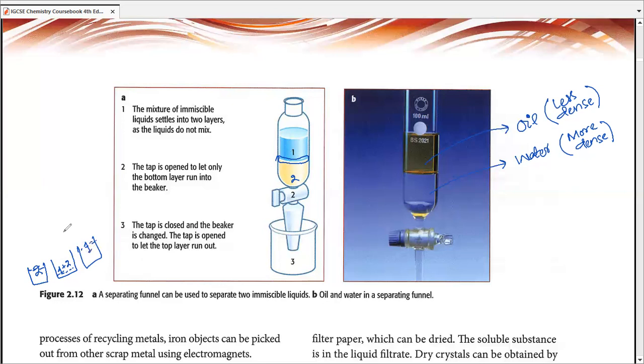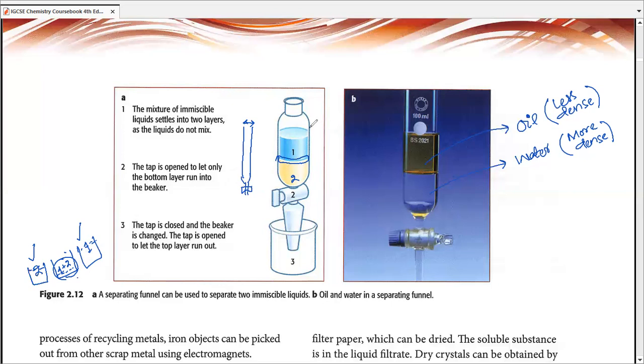By doing it like this, you'd have pure 1 over here, pure 2 over here, but some amount of 1 and 2 over here, which was the middle layer. How are you going to separate that? Use this beaker, and this time use a slightly thinner funnel, something with a smaller diameter, with the same separating funnel setup with the tap at the bottom, right?